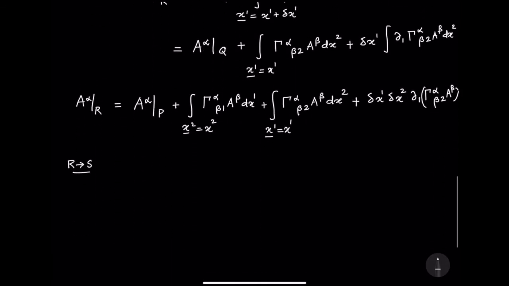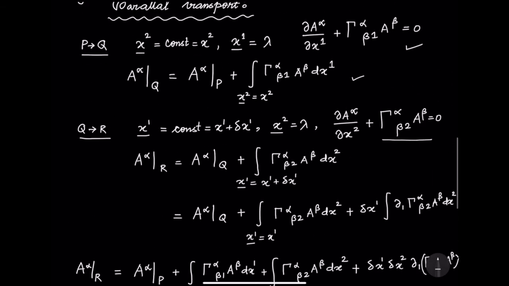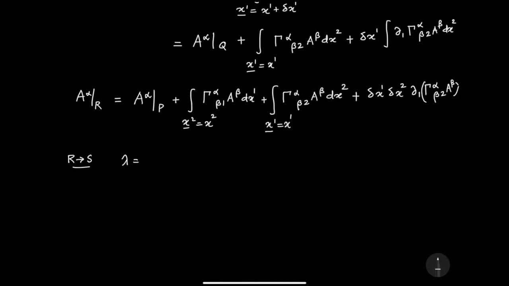So R to S, lambda is just like here, but instead of x1 it is minus x1, or minus lambda is x1, and x2 is fixed at x2 plus delta x2. The parameter is x1, and here I will get a minus sign because of that minus sign over there.